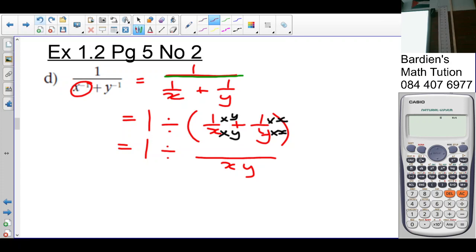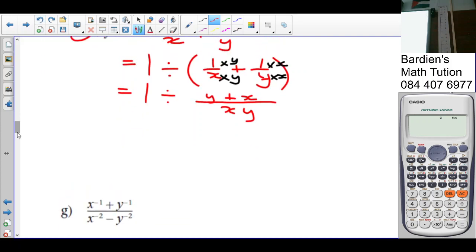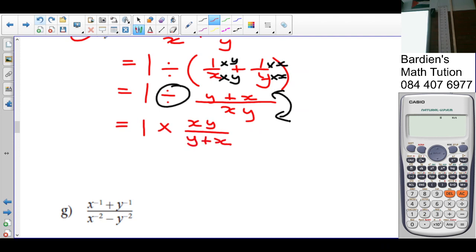So what would I have on top? y plus x. Now what do we do? Tumble and times, not so? We change that to multiplication. So that will be 1 multiplied by xy over y plus x, which is xy over y plus x. See now why they would give you 4 marks for that.